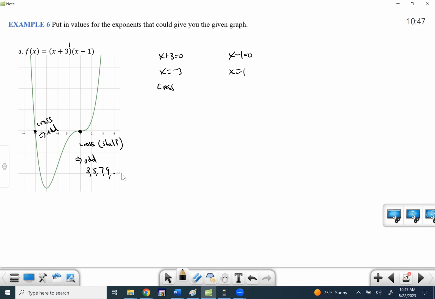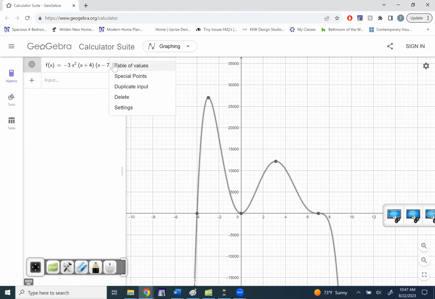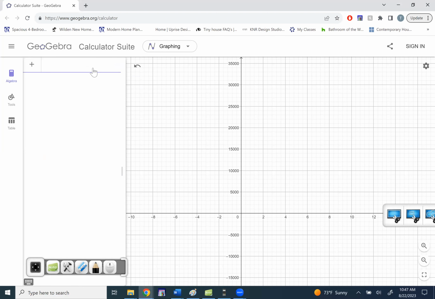We can't use 1. So let's say we put a 3 on it. Let's see how we did. x plus 3 to the first, and then x minus 1 to the third.